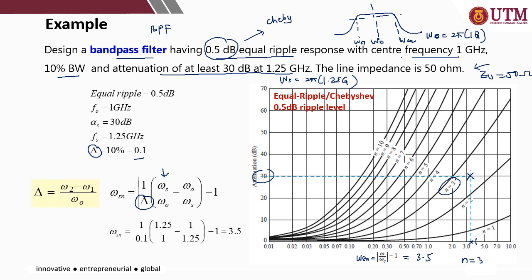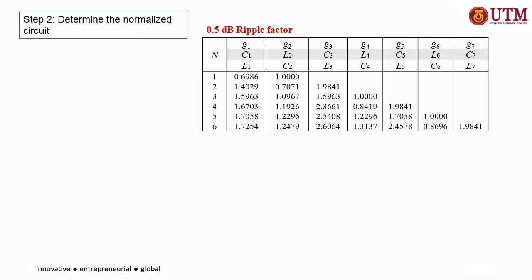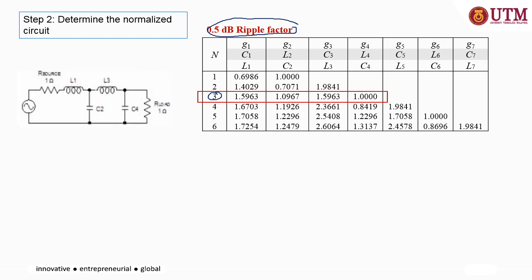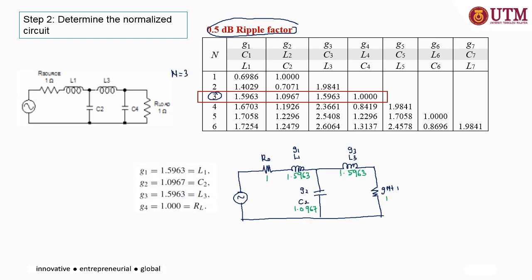Next step, as usual, get the low pass filter normalized circuit. Make sure you refer to the correct table, 0.5 ripple factor Chebyshev, and in this case N equal to 3. Get the components and consider which configuration you want for the normalized circuit. For example, I'll be using the third configuration.